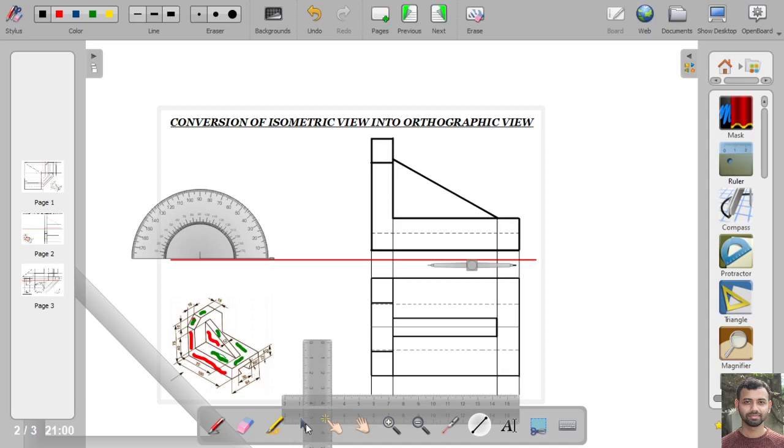Okay. So to draw the side views, we will use our conventional method of drawing. That is, at first we will draw the reference line.